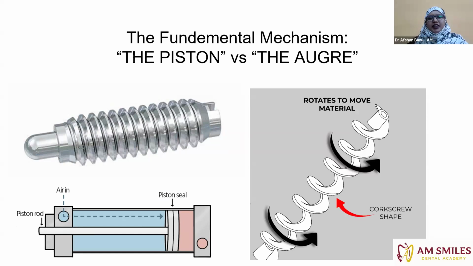So you need to understand two principles. One is the piston and the other is the auger. Piston is nothing but your file just pushing your debris into the apical region. Auger is something like a spiral. So what happens when your auger type of file is entering into your canal? Your debris will come above.